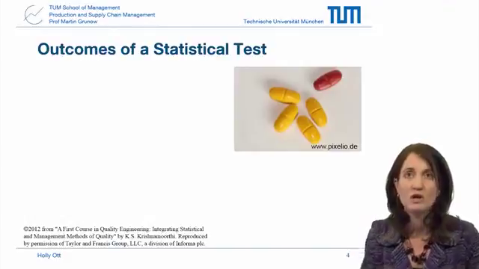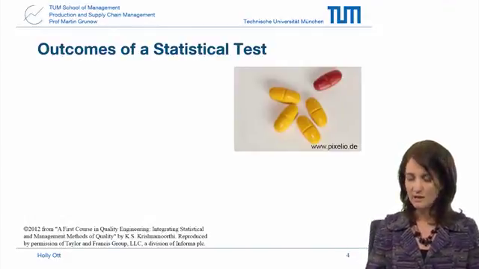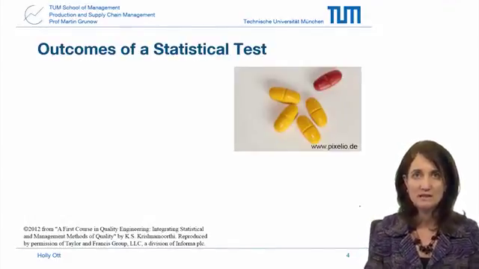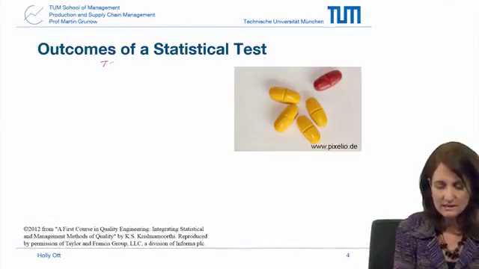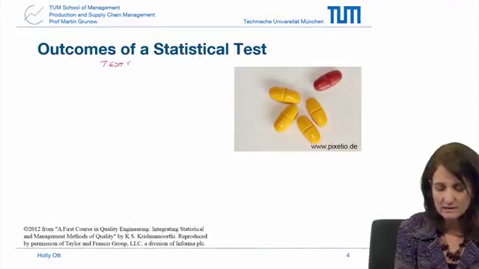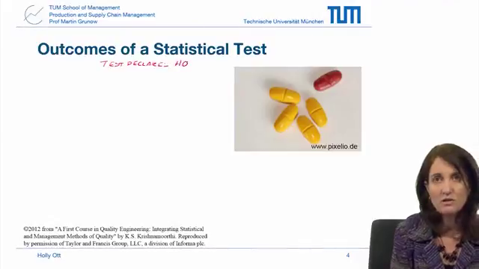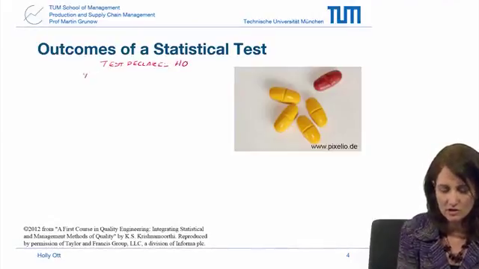So let's draw this. The possible outcomes of our statistical test are that the test declares H0, our null hypothesis, true or not true.